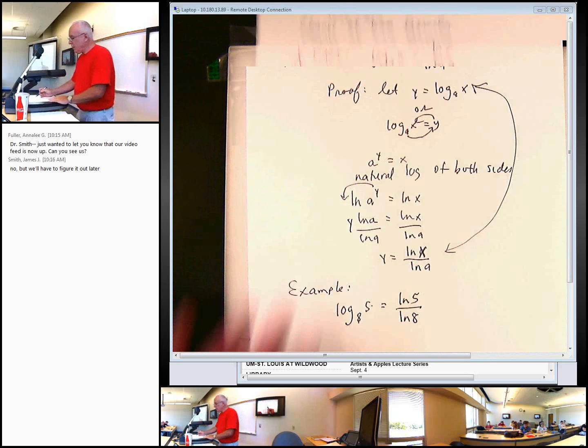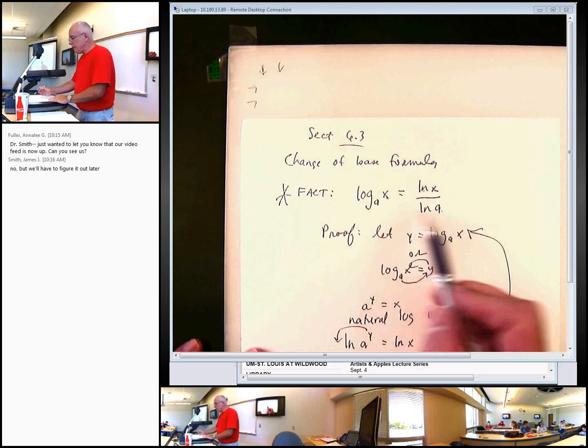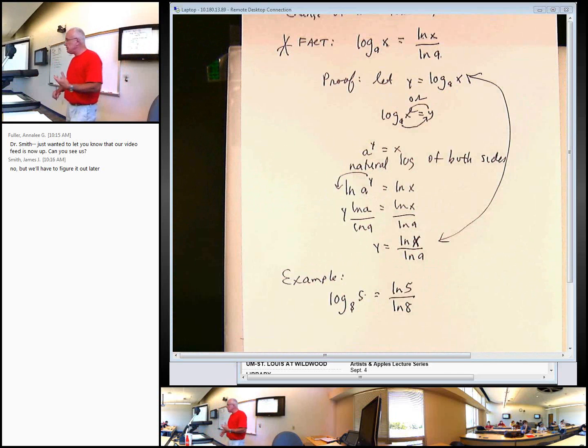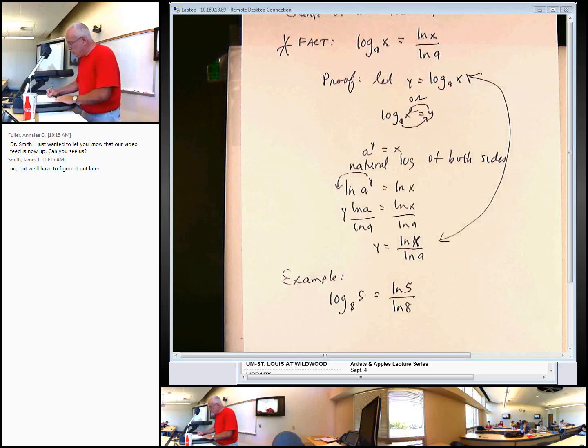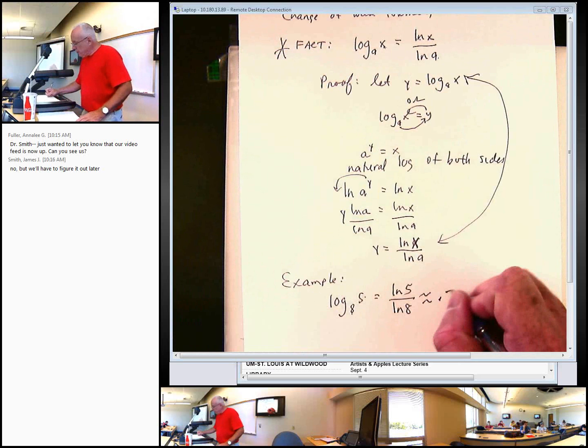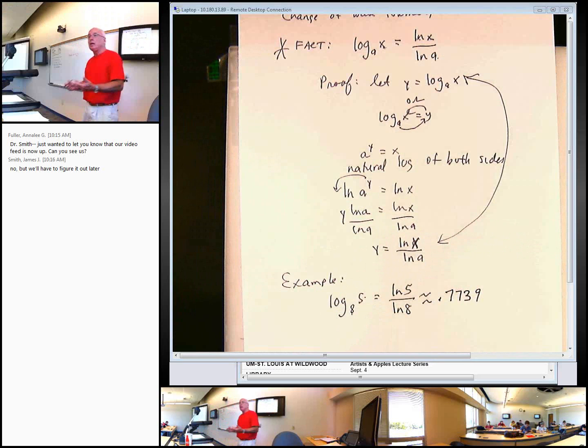Again, here we have the natural log of the base 8 in the denominator. So that log is equal to the quotient of those two things. You can do all that on your scientific calculator, and you come up with approximately 0.7739 as your answer.